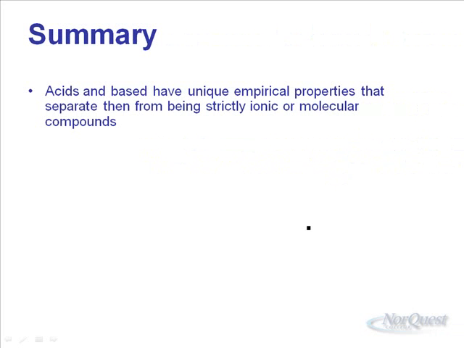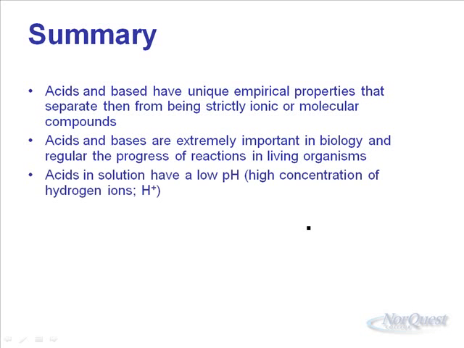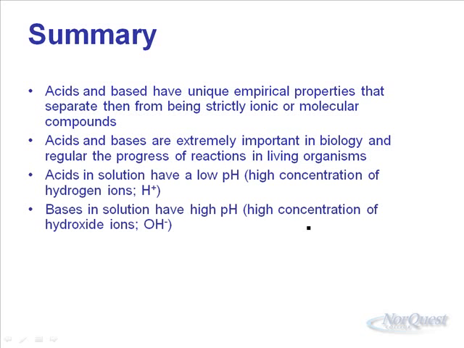From this lecture, you should get the idea that acids and bases have unique empirical properties that separate them from being considered either strictly ionic or strictly molecular. Acids and bases are extremely important in biology. They regulate processes or the progress of reactions in living organisms. Acids in solution have low pH.